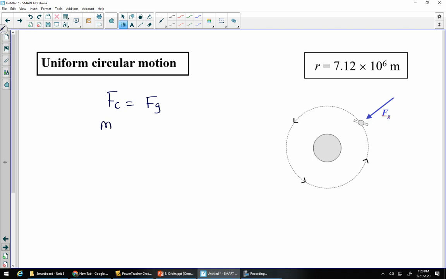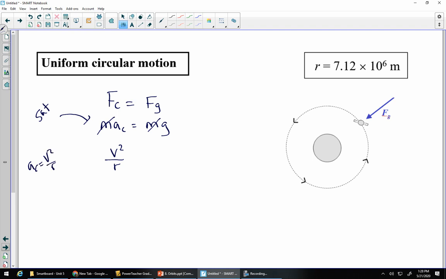My net force is mass times acceleration, a special acceleration, AC. And then my force of gravity is just m times g. Again, the mass of the satellite is the mass that cancels out. Let's expand on AC. I know that AC is the same thing as v squared divided by r.